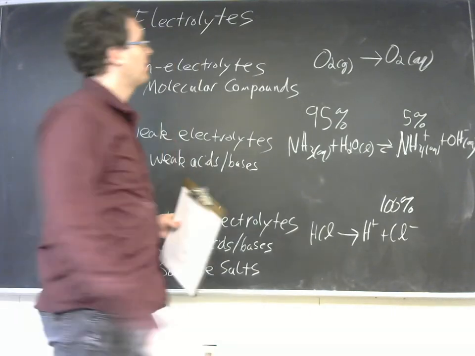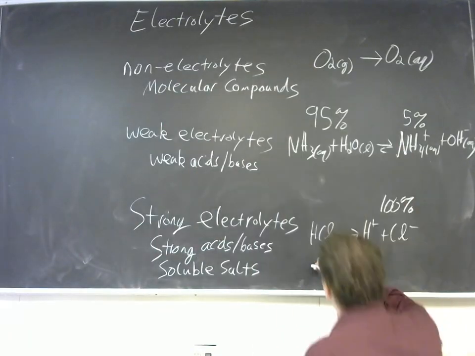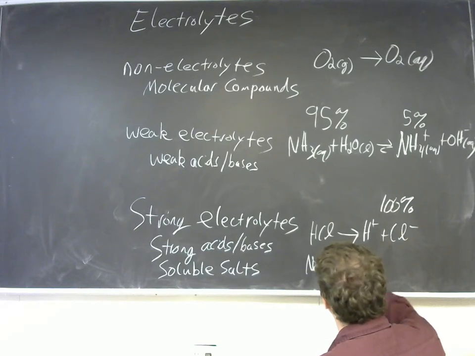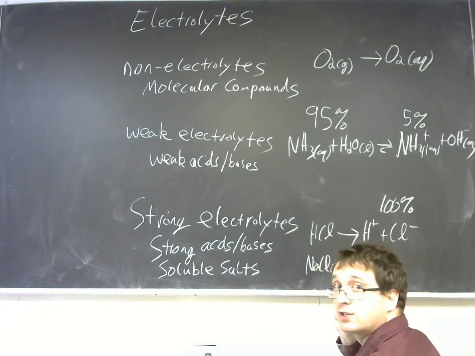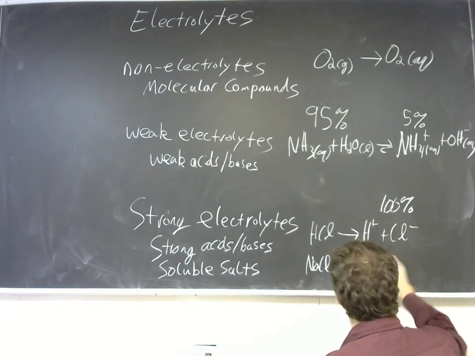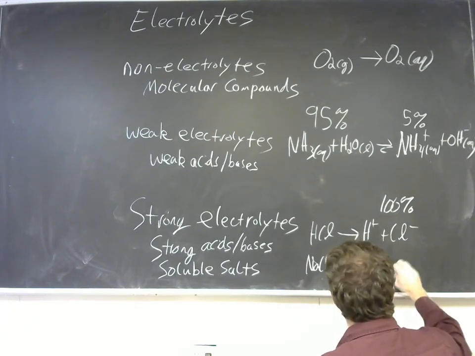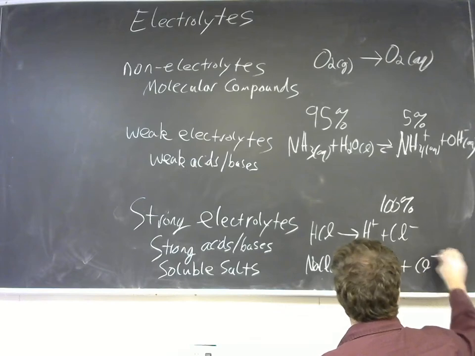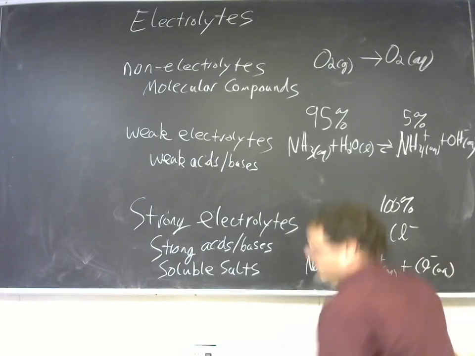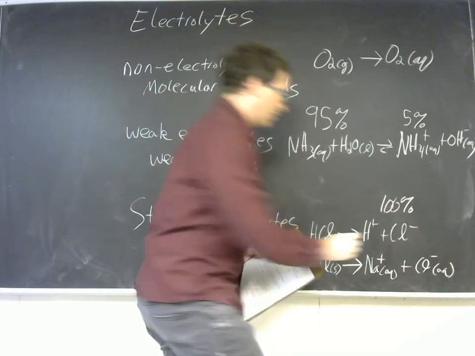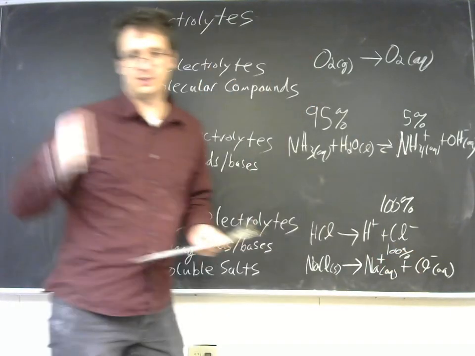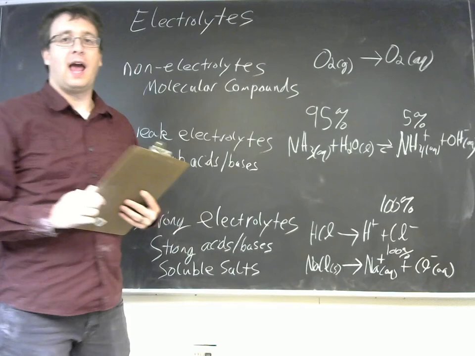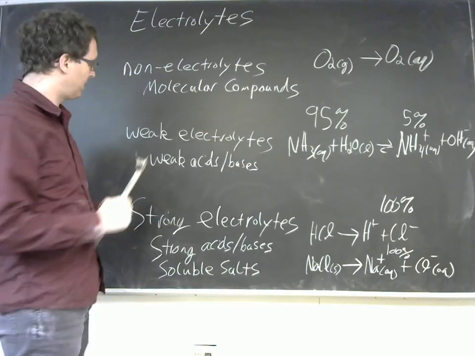And so something like sodium chloride, if I put solid sodium chloride in solution, it's going to produce Na plus and Cl minus. Again, it'll do that 100%. And so it is a soluble salt and a strong electrolyte.